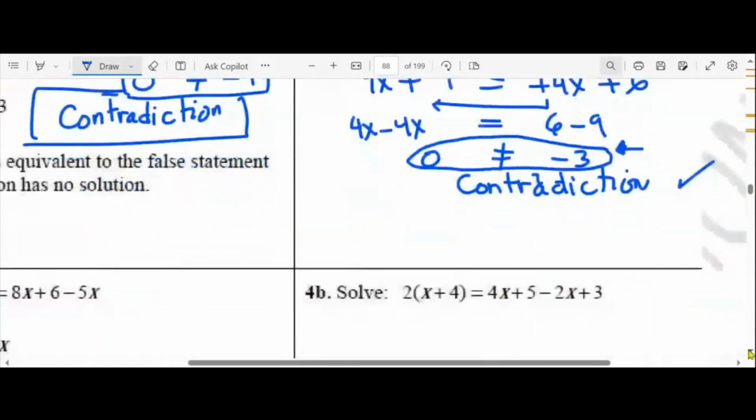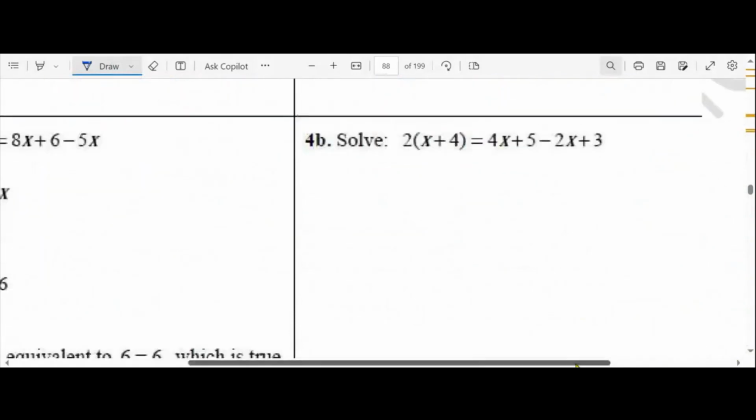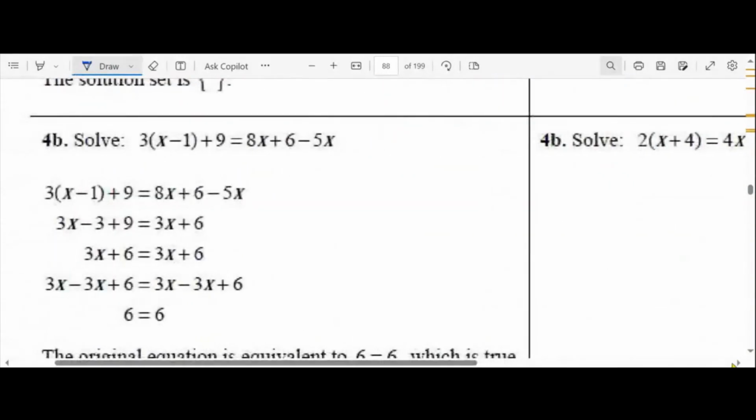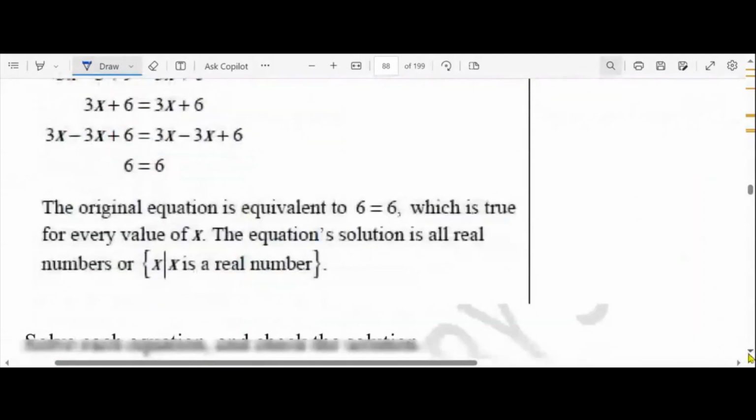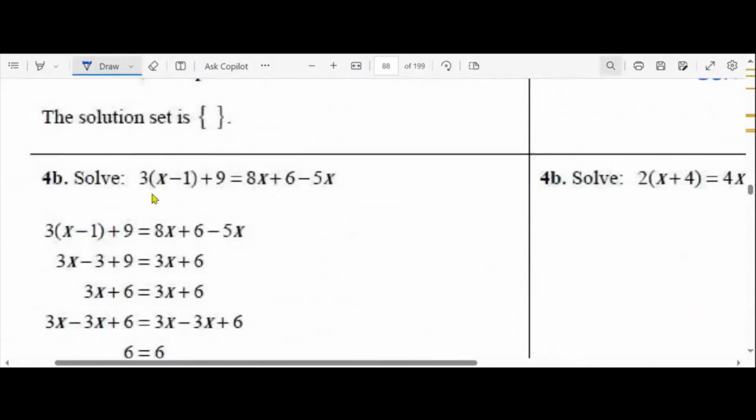Yeah. All right, so let's go to the next one. Okay, ready? What's the first thing? Distribute, right? Tell me. 3x minus 3 plus 9.